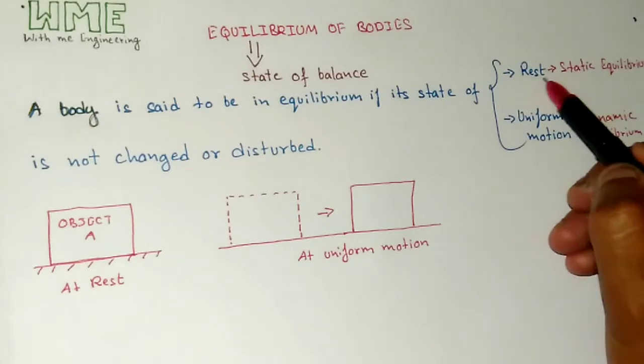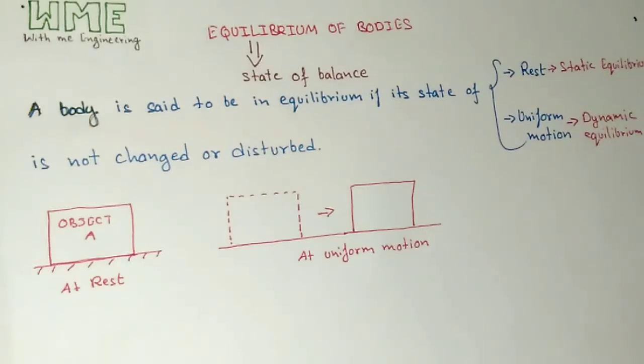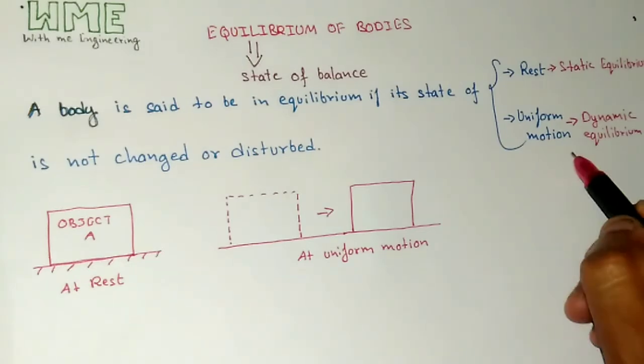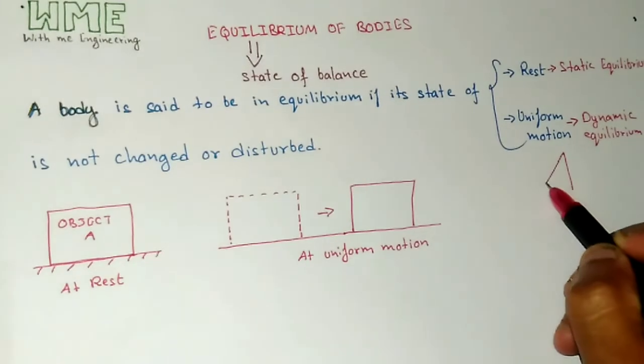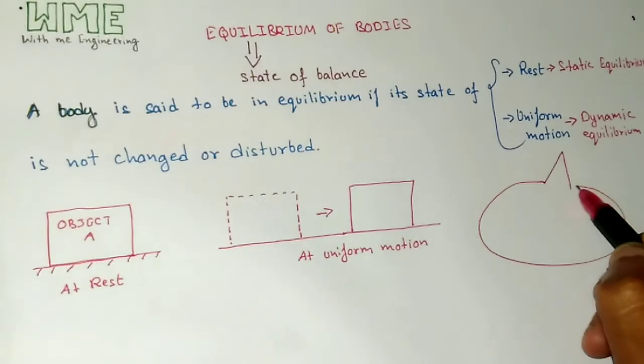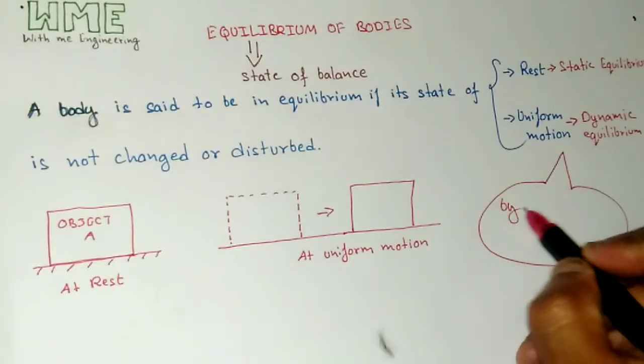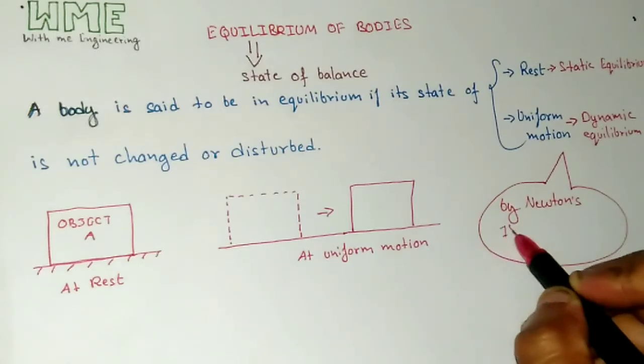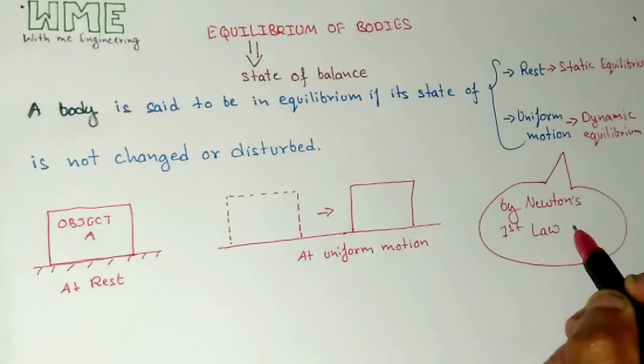Dynamic means changing, so this is a changing of motion. This is a basic concept on the equilibrium of a body. All of this is governed by Newton's first law.